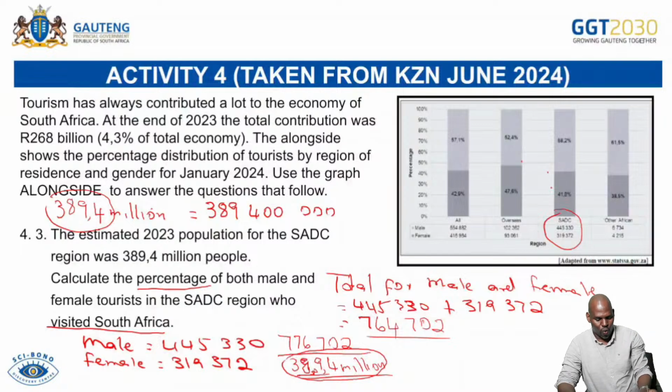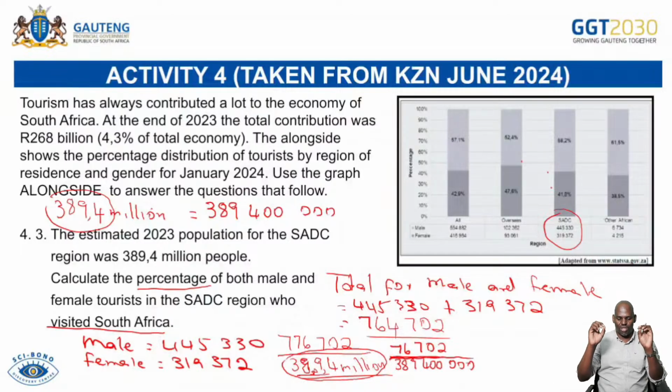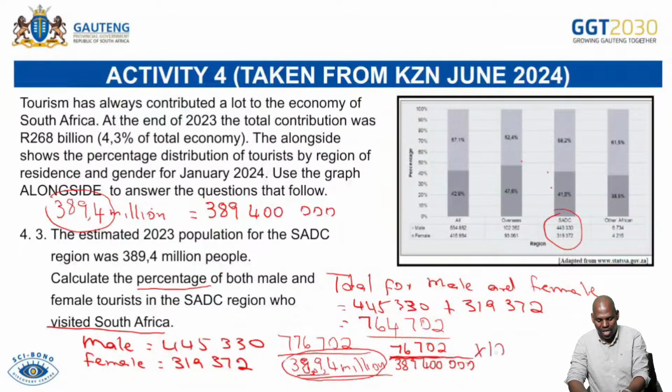So therefore, when I do the division here, I'm going to say 764,702 divided by 389,400,000 times 100%.